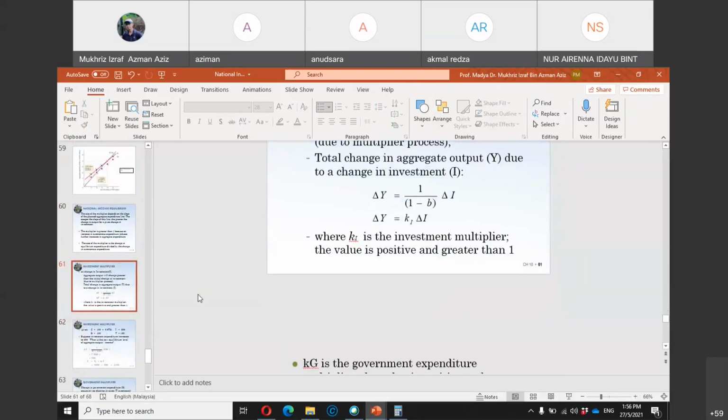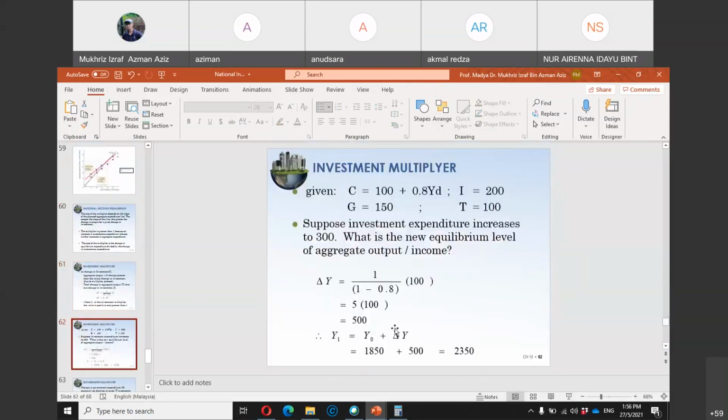So in this example just now, Y subscript 0 is the original GDP plus the change in the GDP that you see here. So the new GDP after investment increased by 100 ringgit is 2350.